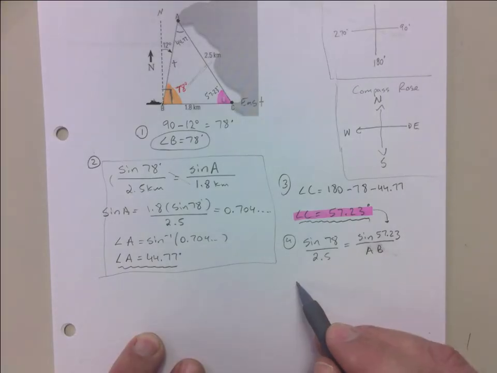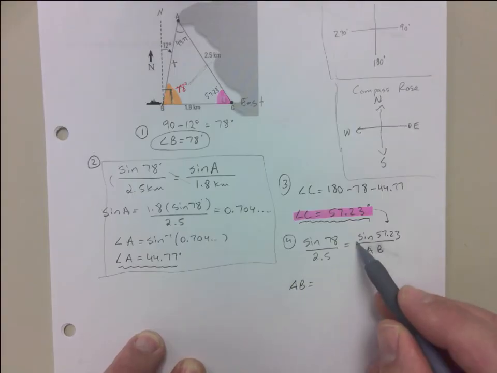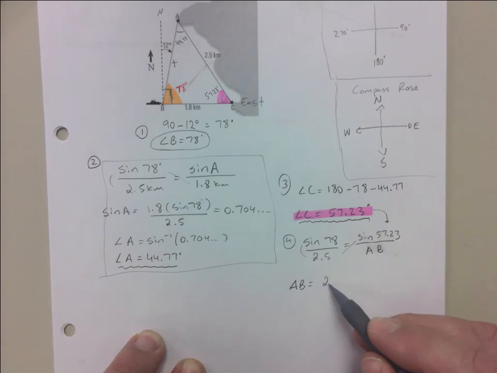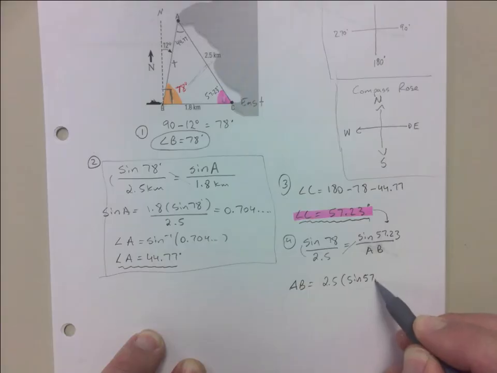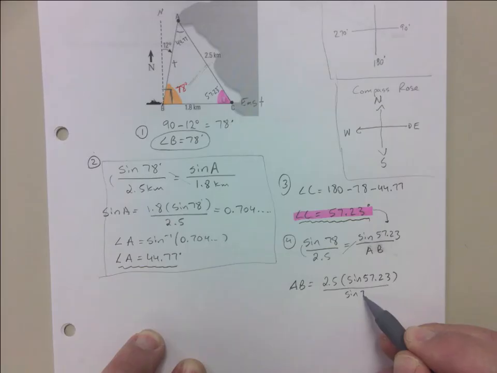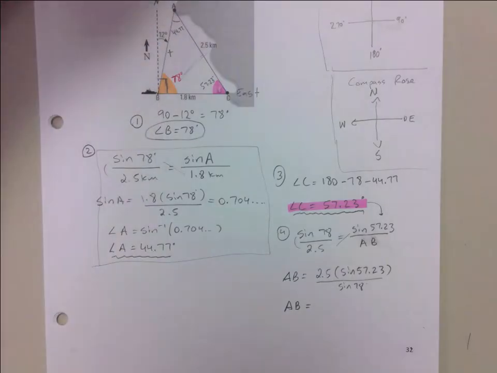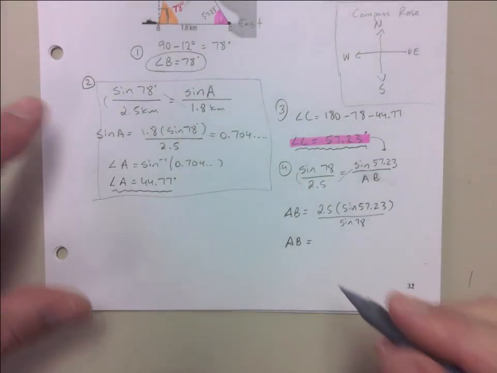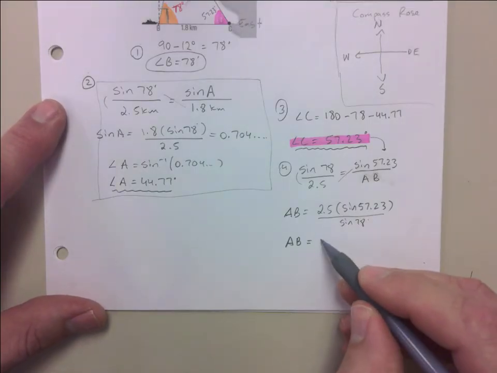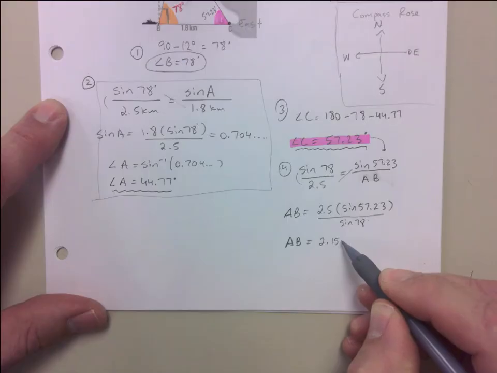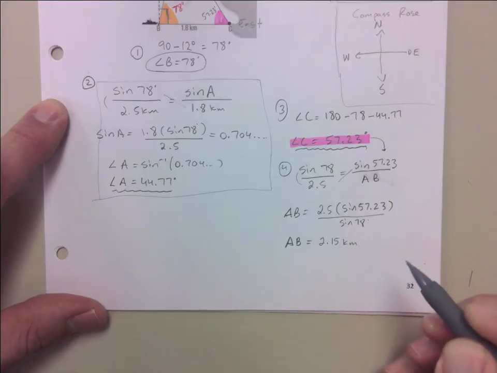So here you go. Not angle, it's just side AB, when you multiply and divide. So 2.5 times sine of 57.23 divided by sine of 78. AB, aka x, right, is 2.15 kilometers.